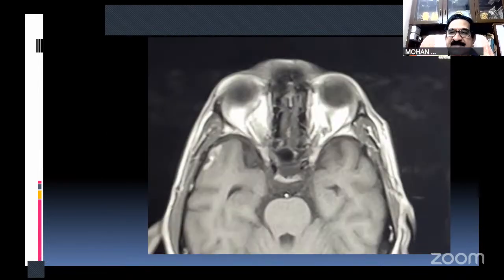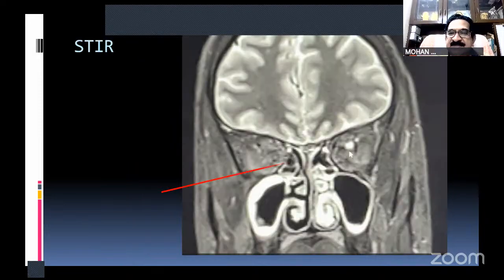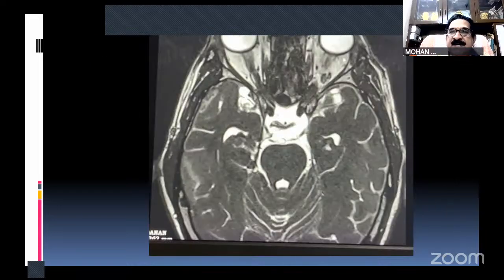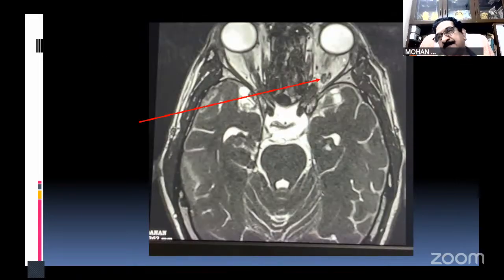So what did you find? There is a hypointense lesion in the orbit in T1. The CISS sequence is hyperintense. And the C sequence shows the hypointense lesion there. So there is some lesion. We do not know what the nature of it is. So what will you do now?